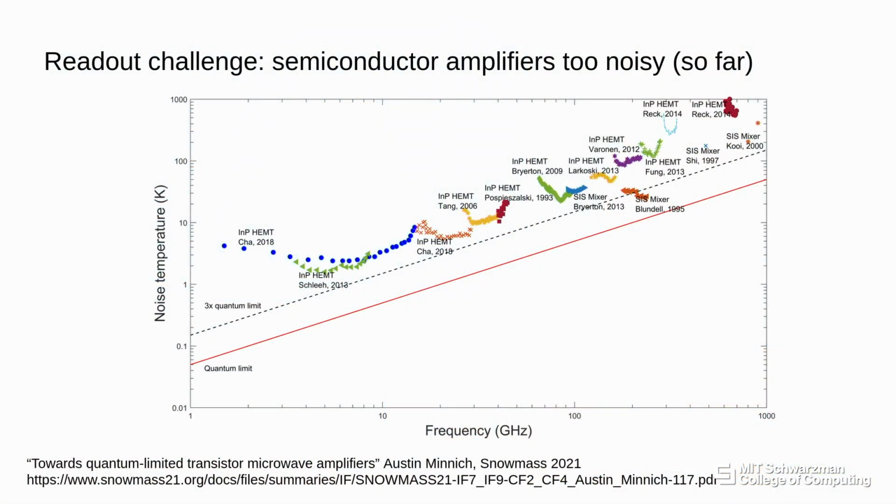And if we look at some of the papers by experts in this, it results from the challenges of dissipating the heat generated by these transistor-based amplifiers as you go to lower temperatures. Because as you go to lower temperatures, there are fewer phonons to help dissipate the heat, so it becomes more challenging.